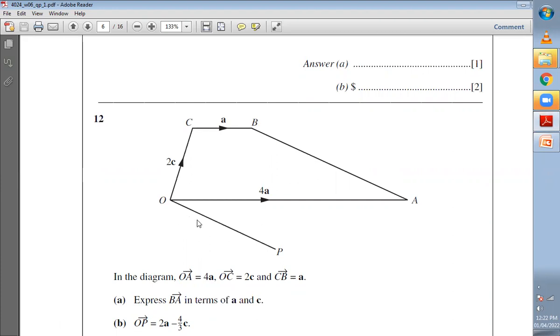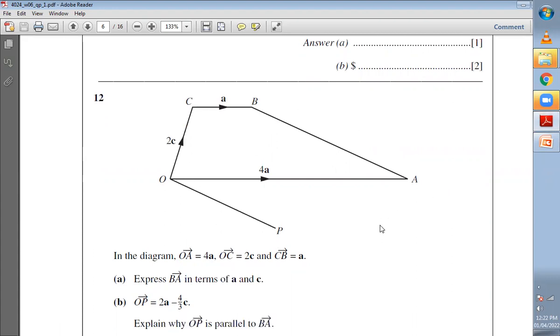This and this, they are parallel to each other. Remember this. We're talking about OBA and OPA. Both these triangles have these parallel lines. So the height of this will be this.